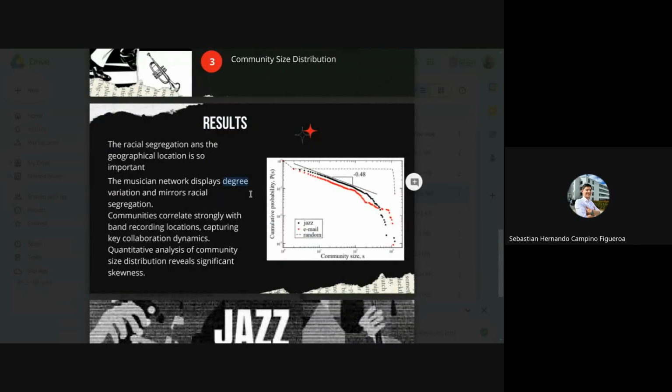In the chat, there is a photo of one of the community network graphs. So in that graph, we can see that basically there is a racial segregation.